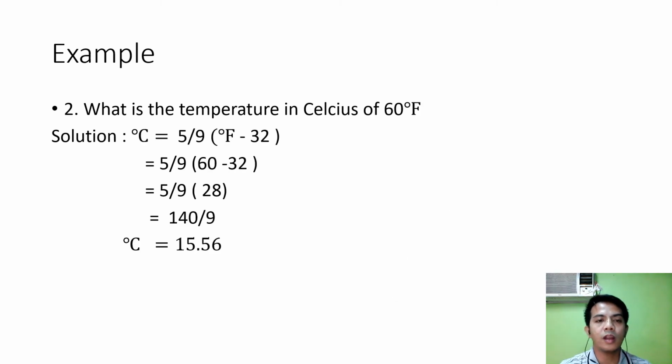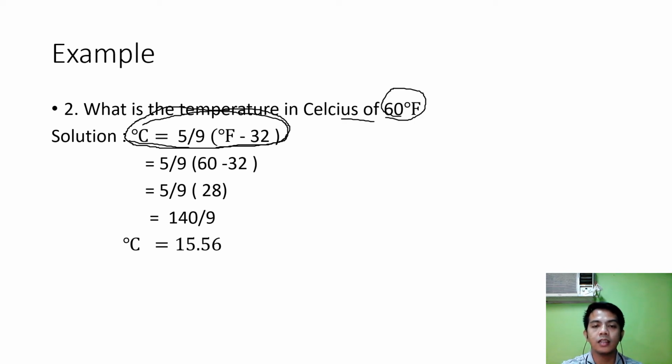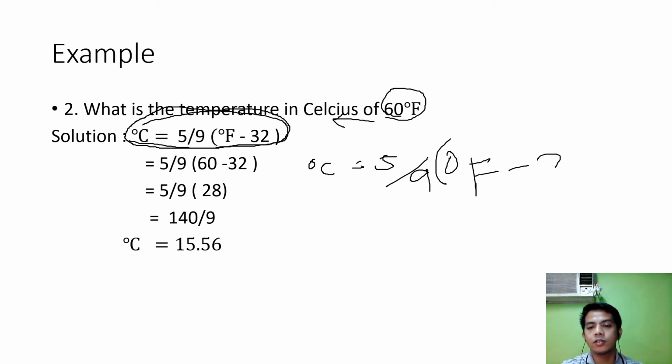So for example number 2, what is the temperature in Celsius of 60 degrees Fahrenheit? So using this formula, we will try to convert 60 degrees Fahrenheit into Celsius. So I will rewrite this again for you to understand better. So 5/9 multiplied by degrees Fahrenheit minus 32.